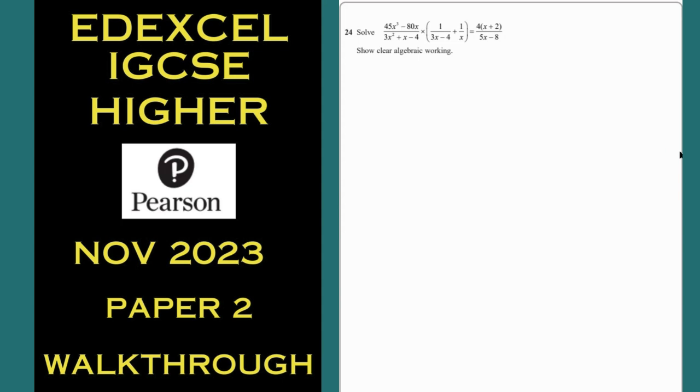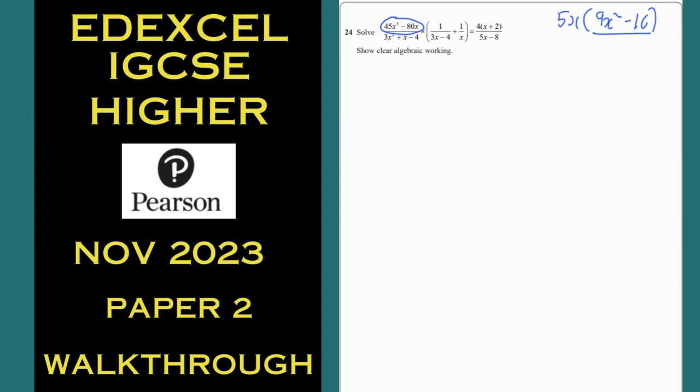And finally, for number 24, loads going on here. So let's just examine the top of this bit so I can save myself a bit of effort. When I take out a 5x, we are left with 9x squared minus 16. In other words, we've got a difference of two squares here.